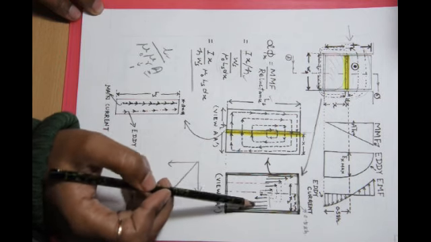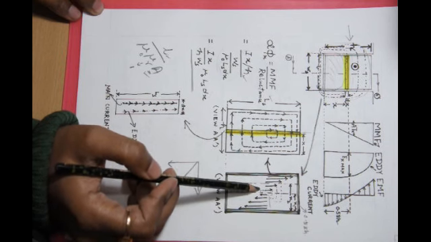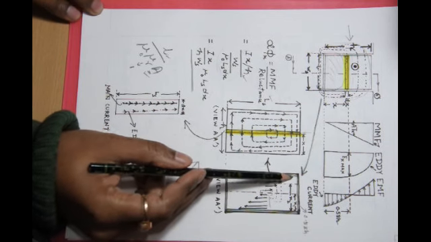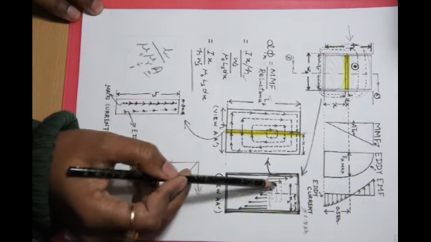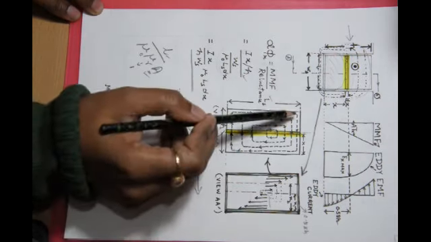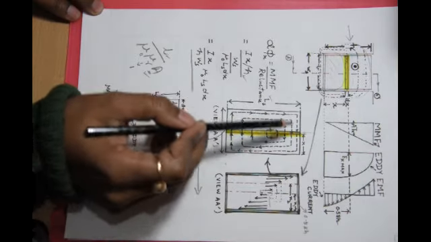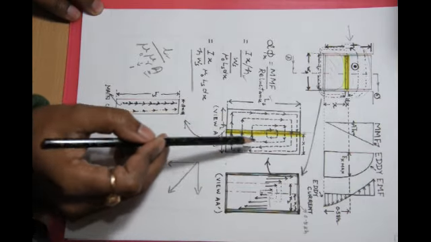The sign changes. So we can say that this path and this path will form a loop. This path and this path will form a loop. The eddy currents form loops like this.